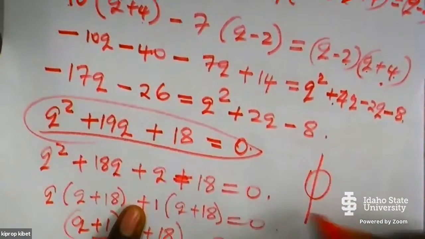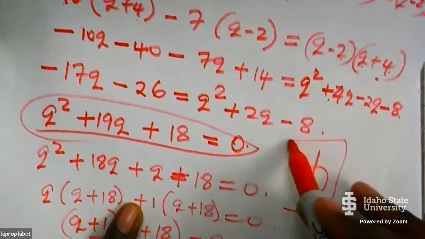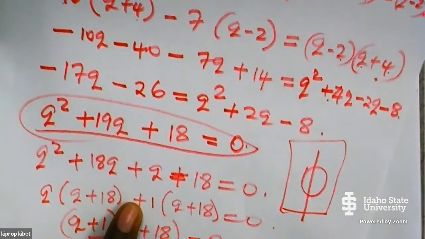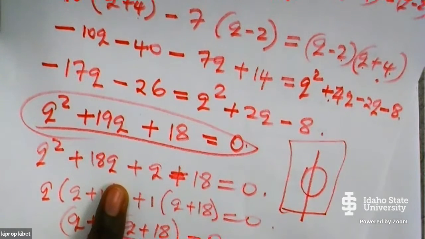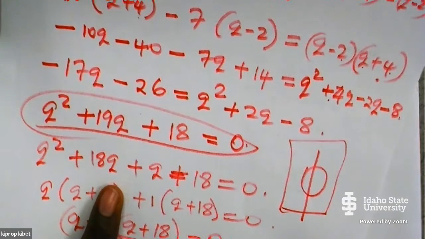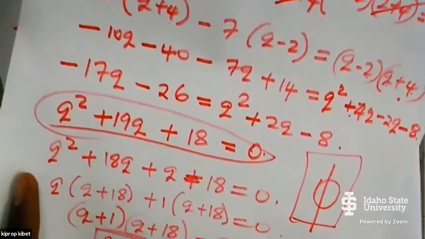We call it the empty set. This is empty, so there is no solution. So you just put in something like that if you're not getting the solution. But definitely before you put something like this, I know most of you, when you reach some point, feel like this thing is so difficult. So you just say, hey, there is no solution. You will fail. So make sure before you put this sign here, you have exhausted all the ways of solving.